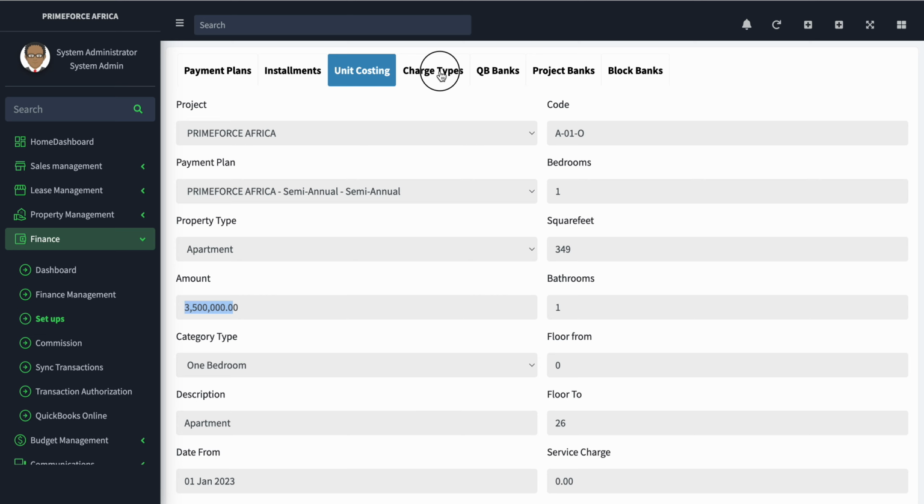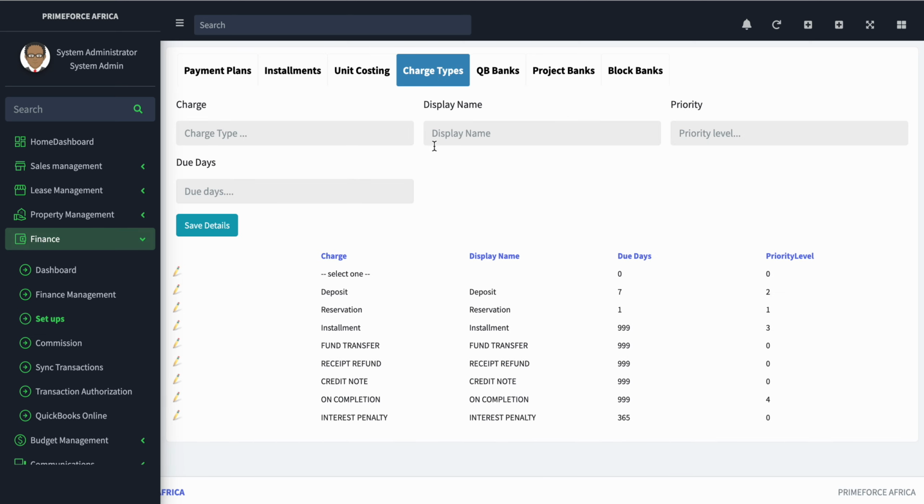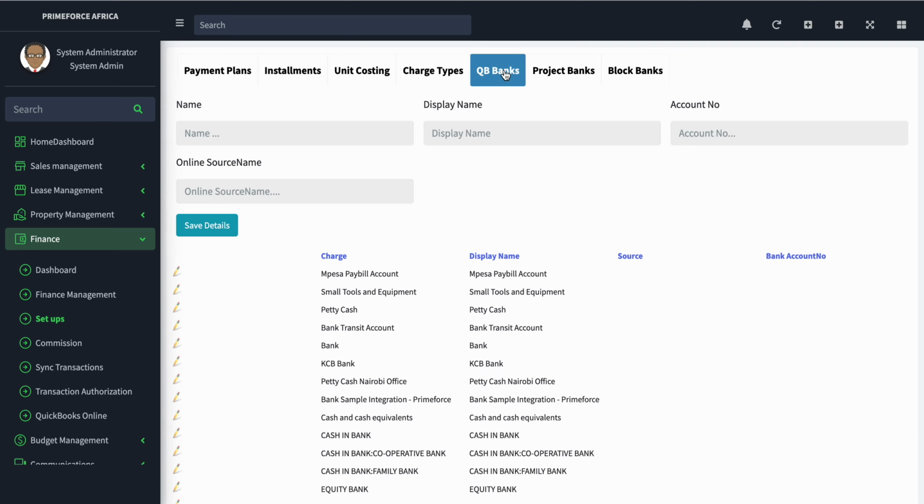You're also able to define other charge types. And in this case, as mentioned, we have the deposit charge type, reservation, installments, and you can have as many charge types as you seem fit within the business. For accounting, you're also able to determine the collection entities, in this case, the bank collection entities, where the money is posted into at the point of receipting.